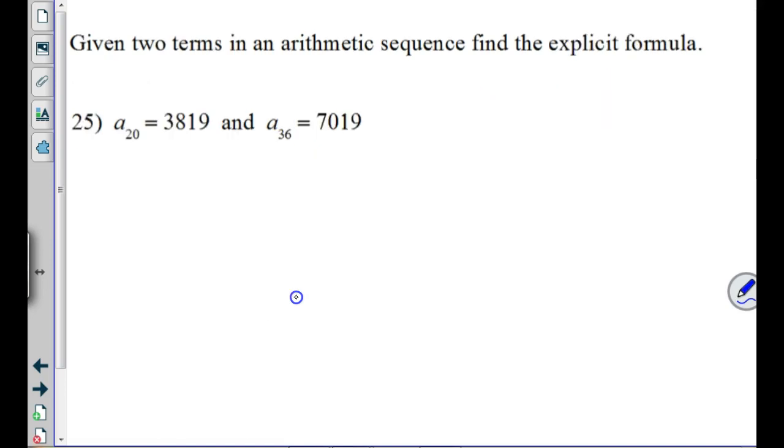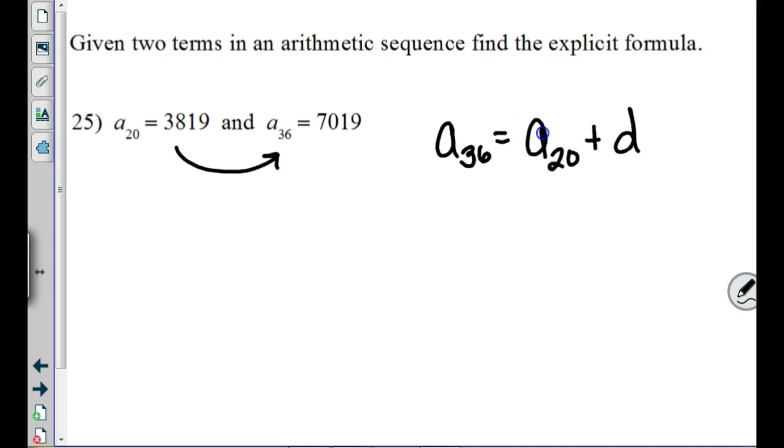Got more of these or something different? Oh, they want the explicit formula. I tell you what, this is another challenge because to have the explicit formula, we need the first term. We can go backwards though, right? So how many differences? So the 36th term was the 20th term plus the difference 16 times. So 7019 equals, you guys solve, find the difference.